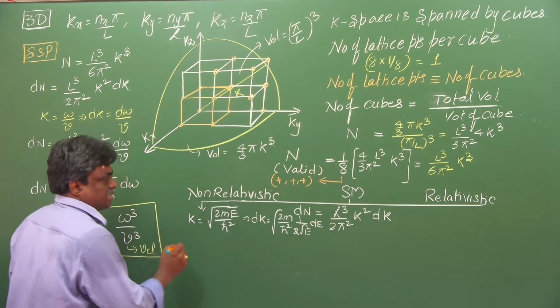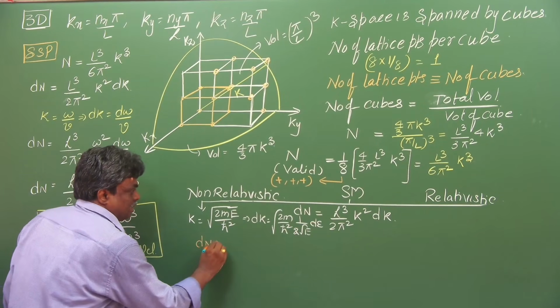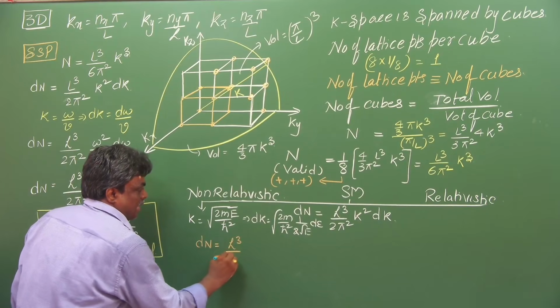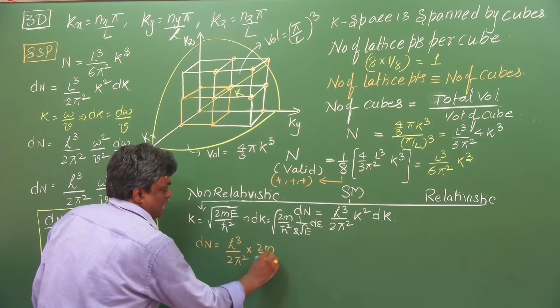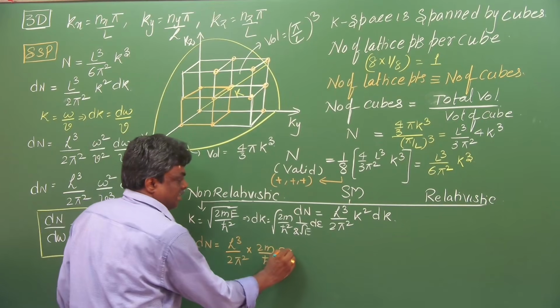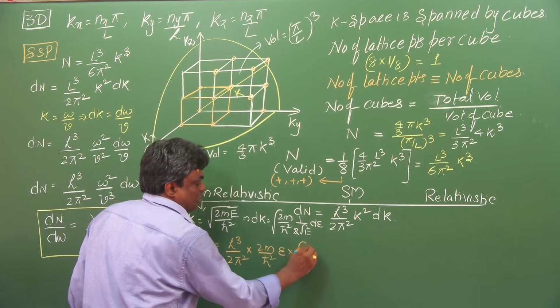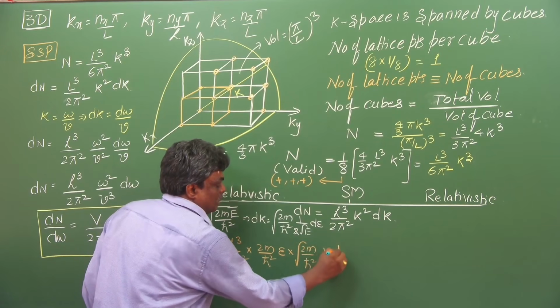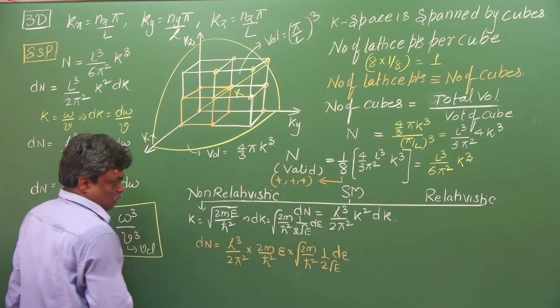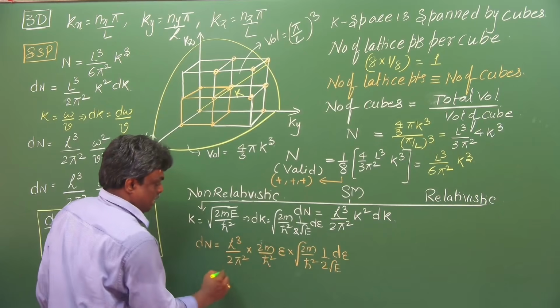If you substitute, dn equal to L cube by 2 pi square into 2m by h cross square E into dk, under root 2m by h cross square 1 by 2 root E dE. So if you want to cancel, no, don't cancel, sorry.